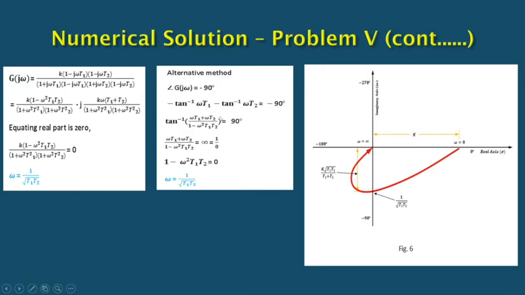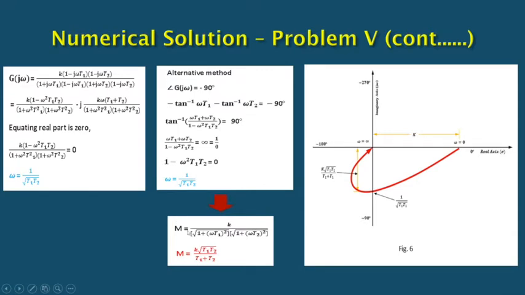Then this equation is equal to tan 90. Tan 90 means infinity, so 1 by 0. That means 1 minus ω²T1T2 equals 0. So from this equation we get ω, the same value, because these are two alternative methods.